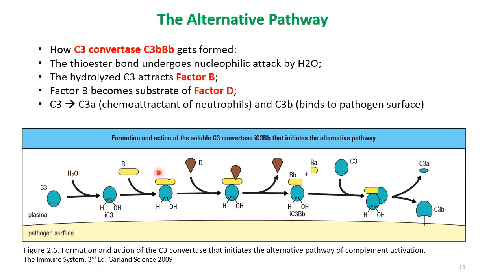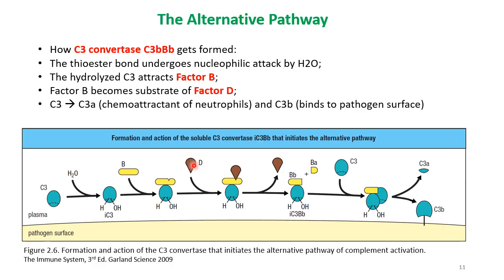So B here is going to attract this guy, the enzyme that is called factor D, okay? Factor D is going to go right there at this cleavage site and is going to cut a piece of your factor B, okay?